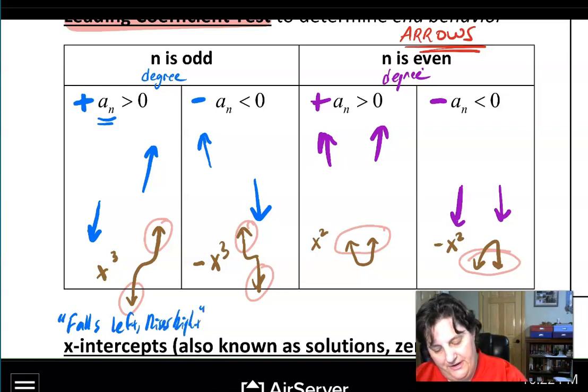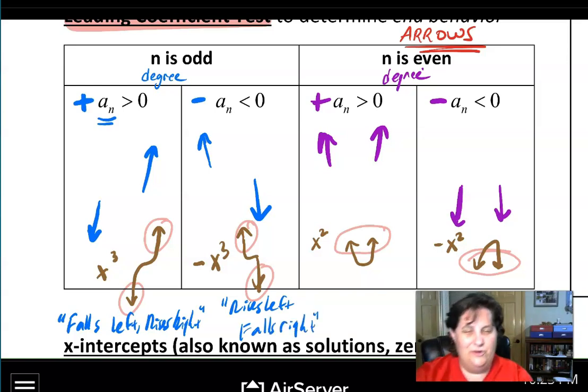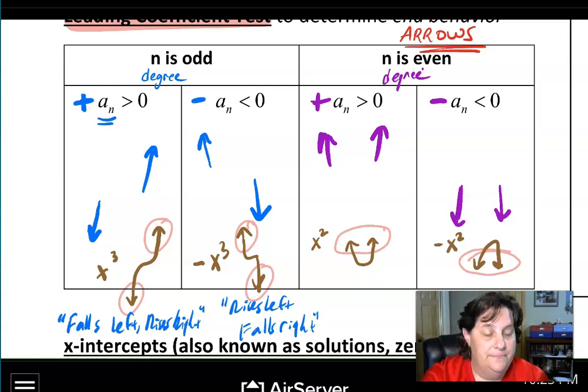Okay, so what would the next one be? The next one would be rises left, falls right. You can use those words, but I don't usually use that. This would be rises left, rises right, falls left, falls right. I usually just draw the arrows, okay? Or you say up, up, or down, down. All right, that's how you remember.